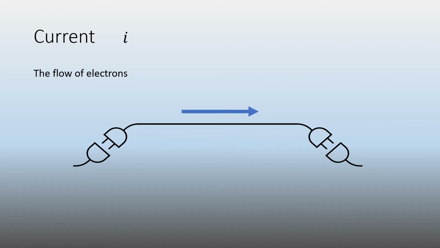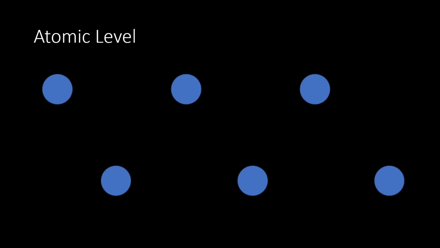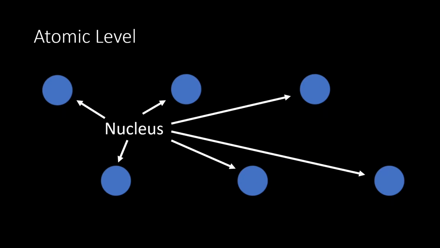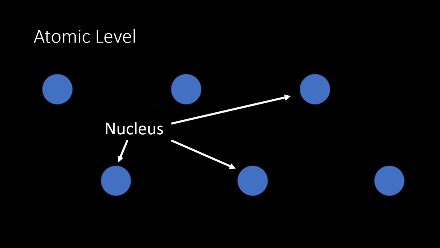We can visualize how electrons move in a material if we zoom up into the atomic realm. In the atomic realm, we find some of the smallest things, atoms. The middle part of an atom is called the nucleus. The nucleus is made of protons and neutrons, but for our discussion of current, we will stick with the nucleus.